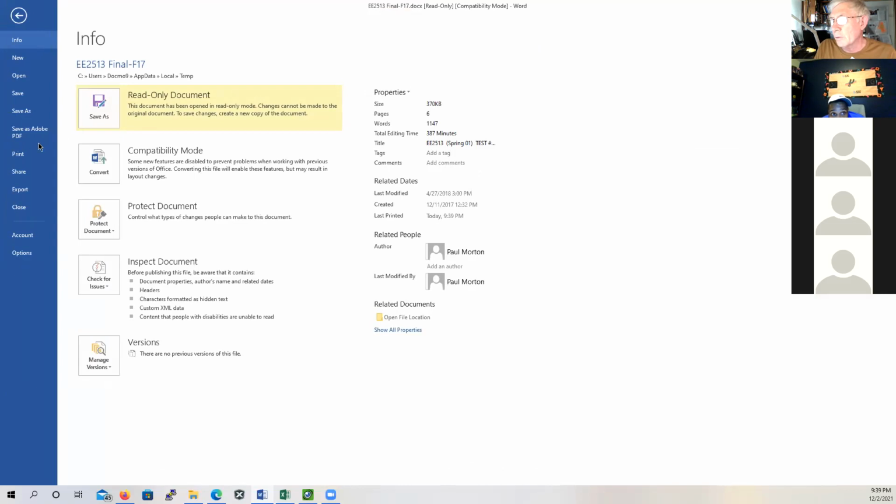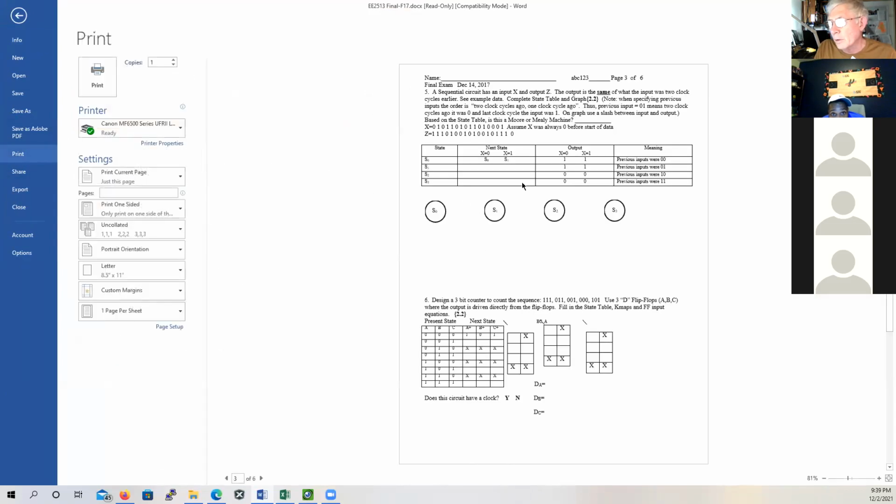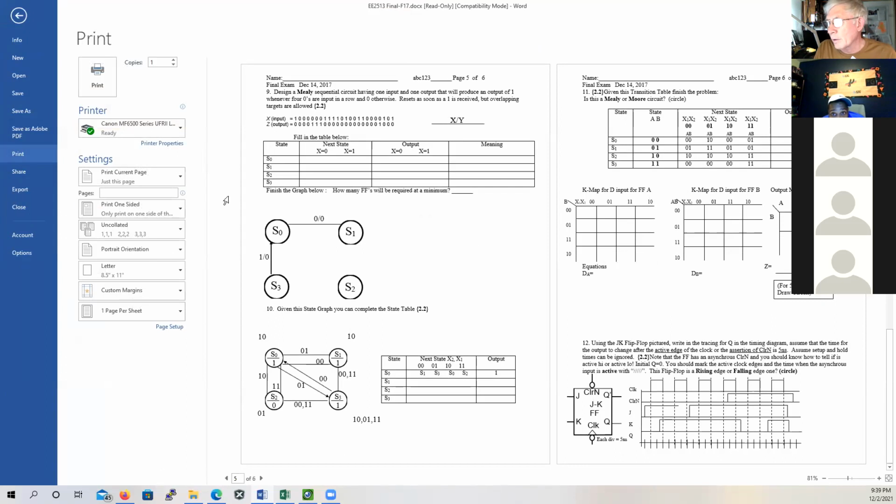This is driving me crazy. Print. Okay. Oh, I see it. Printed. Okay.